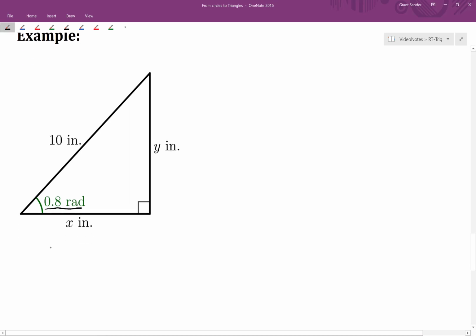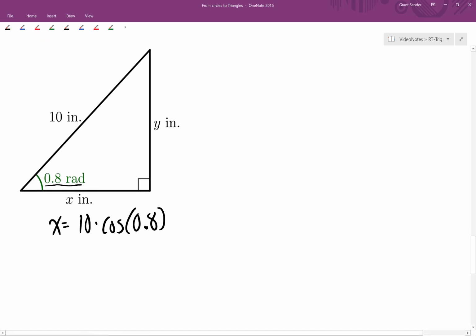So we know that x should be equal to 10 times cosine of the angle measure, 0.8. Cosine gives us the length of that horizontal leg, measured in hypotenuse lengths. The hypotenuse is 10 inches long, so x is equal to 10 times cosine of 0.8. And that's approximately equal to 6.97. So that horizontal leg is about 6.97 inches long.